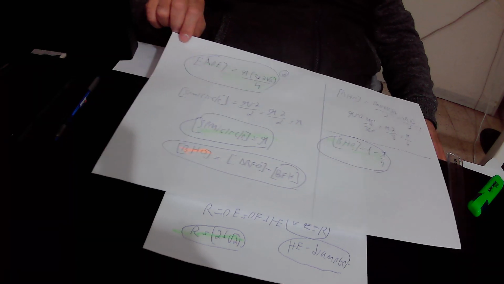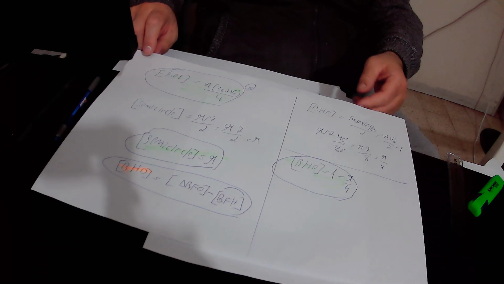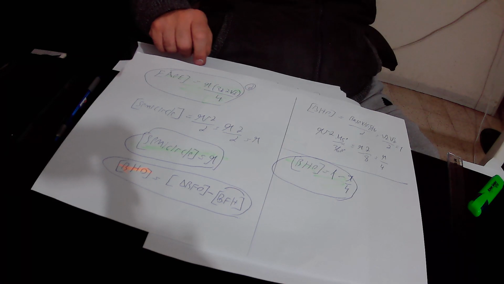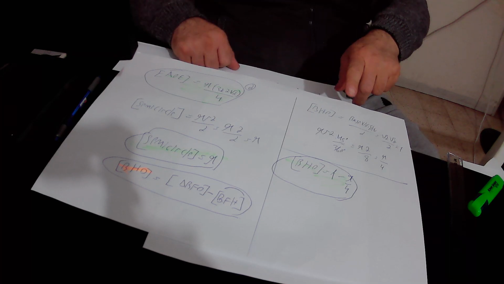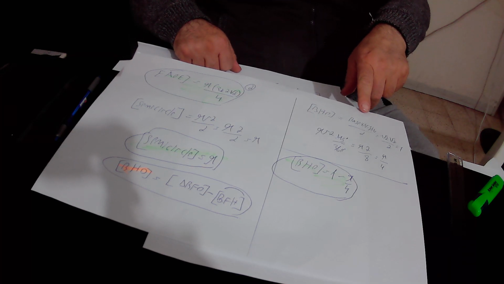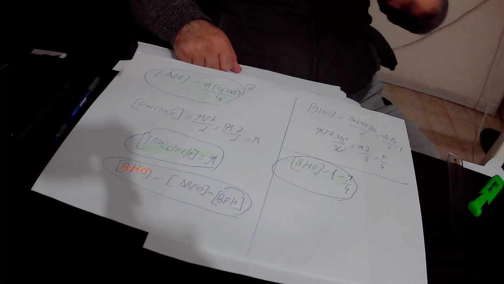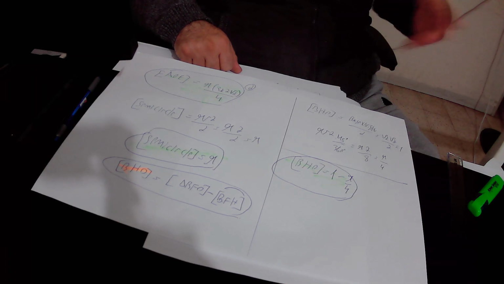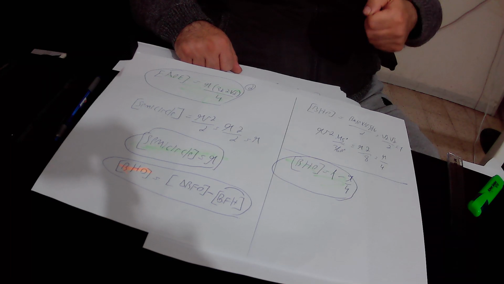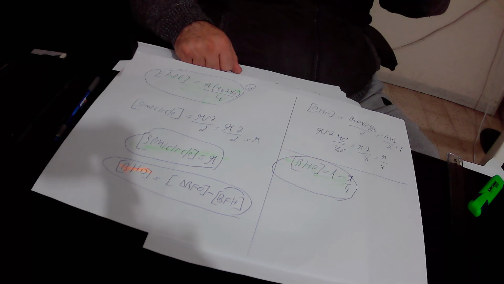So what is the area of triangle BFO? The area of any triangle equals the base times the height to the base over 2. The base is square root of 2 and the height is also square root of 2 because it is a right triangle.